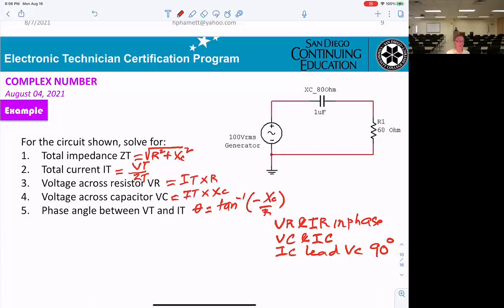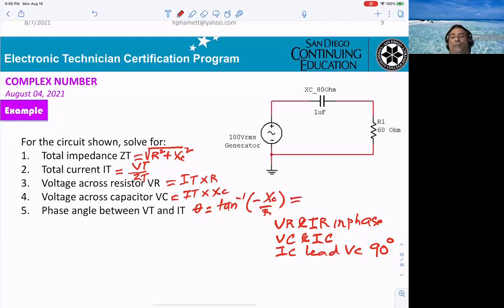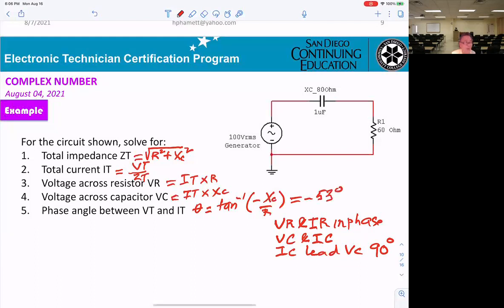So how do we do the formula? What formula? You already wrote it. You already get the angle. IT leads VT by theta. I gave you an example, minus 53 degrees, for example, not for this problem.